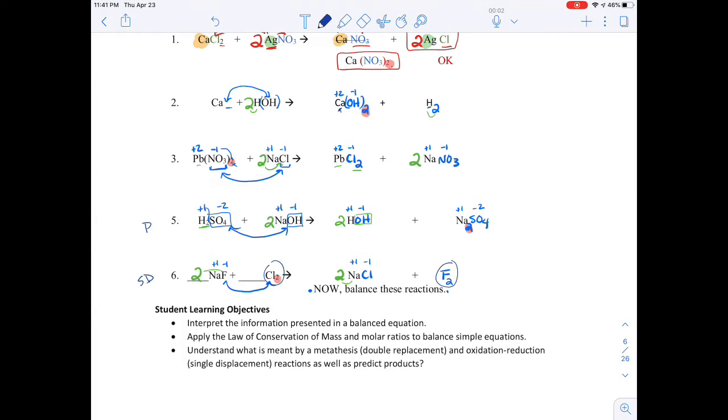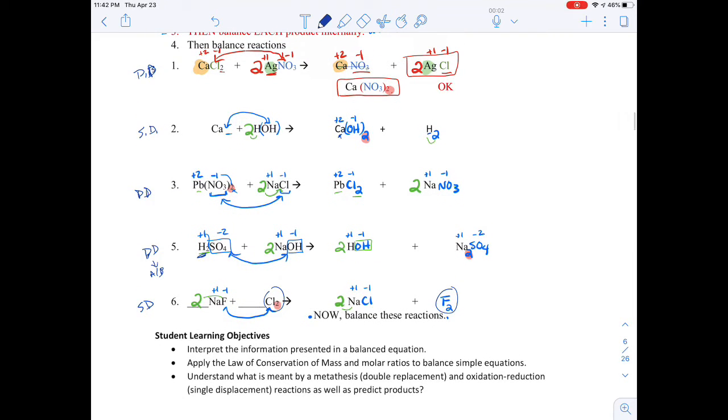And this was a double displacement. By the way, there's an H and an OH, so its subcategory is acid base. This one right here is a double displacement. This is a single displacement, and this is a double displacement. And by the way, this isn't stated, but this is a solid, so this subcategory would be precipitation.